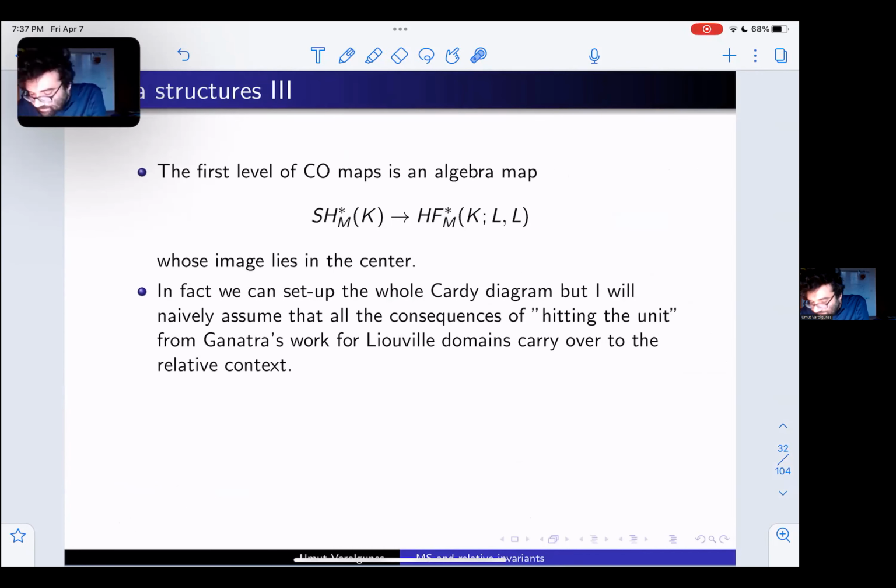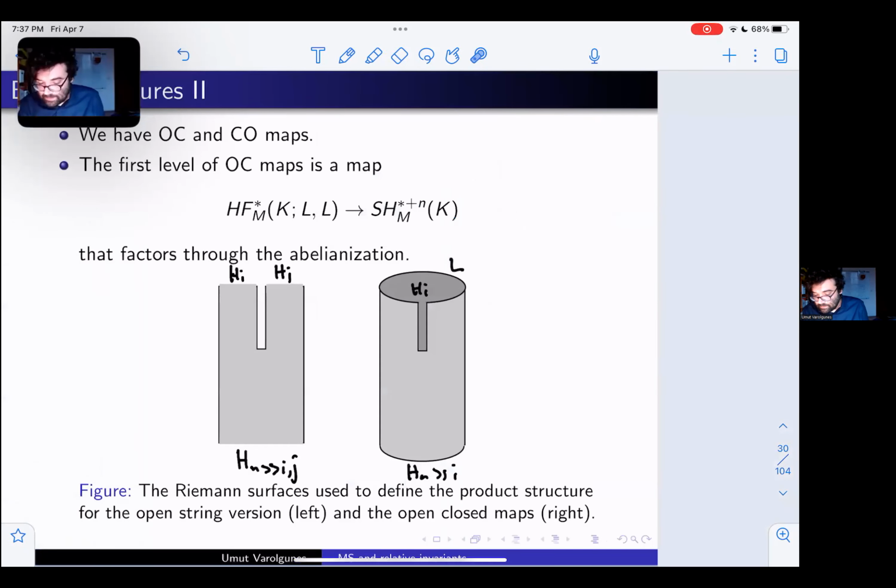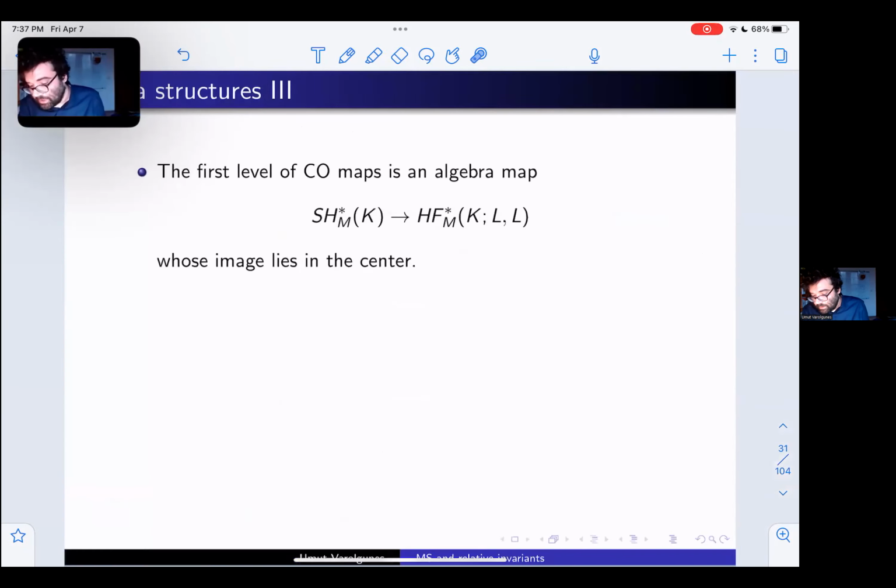Okay, and in fact, you can just set up the entire Cardy diagram, and this actually is replaced with the Hochschild cohomology. This one is replaced with Hochschild homology, and so on.